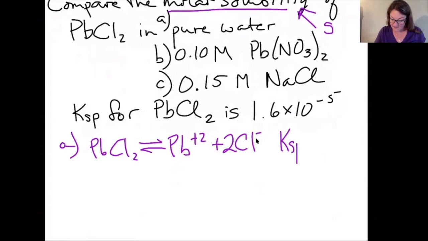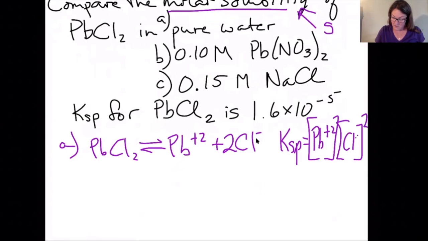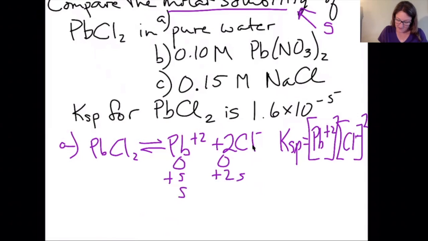Writing my Ksp expression, it's going to be lead times chloride squared, and again, no denominator. I'm a little lazy with the phases, but it's always going from solid to ions. Filling in my chart, I'll have 0 plus S, 0 plus 2S, and at equilibrium we have S and 2S.